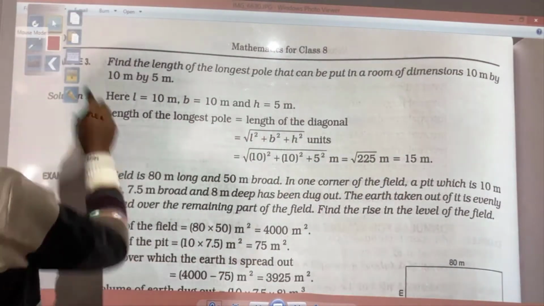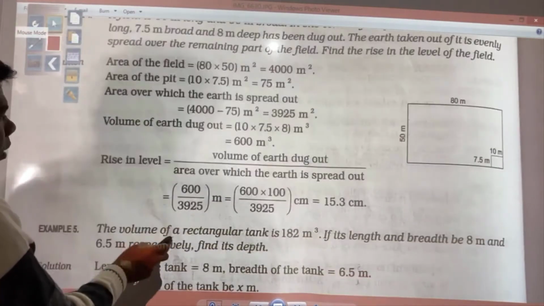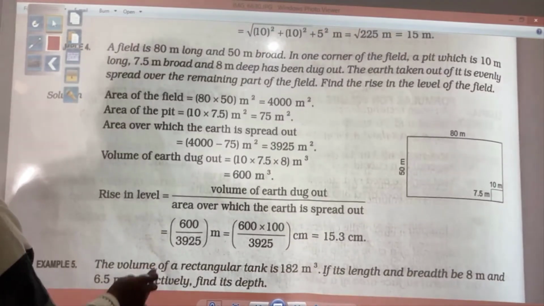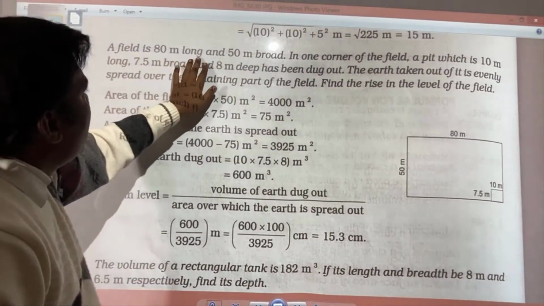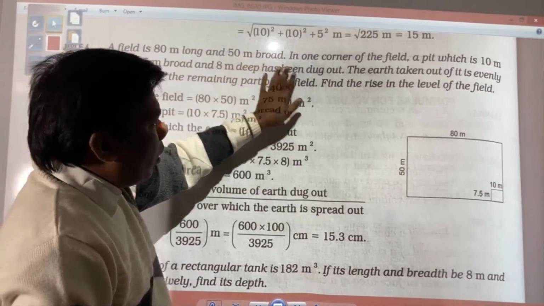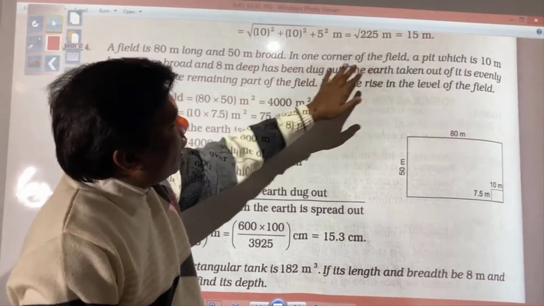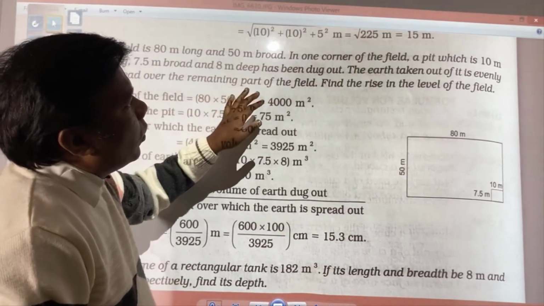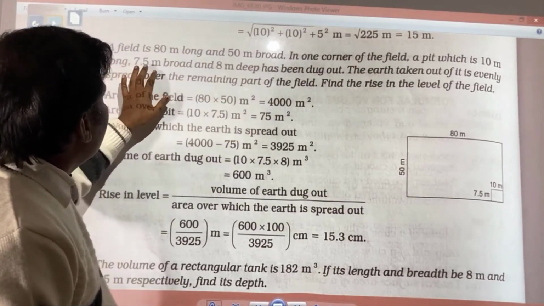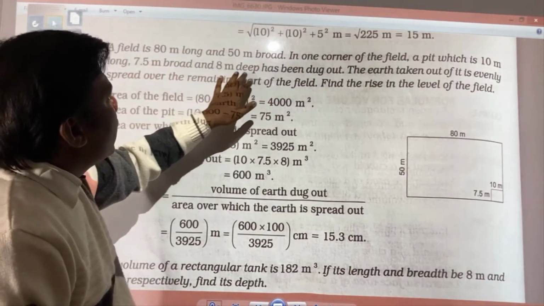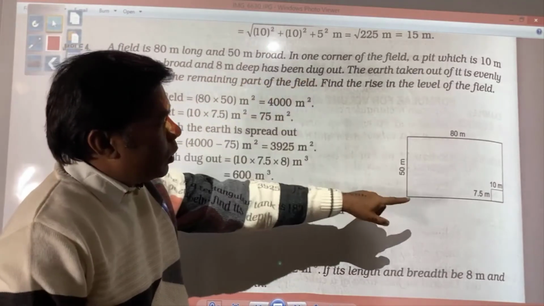Then we have question number 4. A field is 80 meter long and 50 meter broad, you can see. In one corner of the field, a pit which is 10 meter long, 7.5 meter broad and 8 meter deep has been dug out.